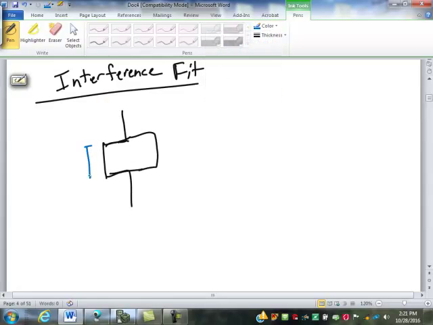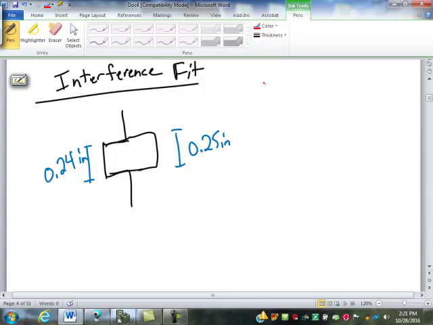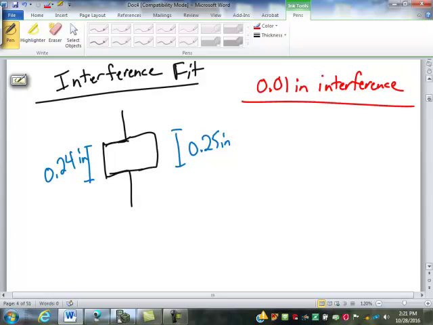So in this case, let's say the hole is 0.24 inches and the dowel is 0.25 inches. What that means is the difference between them is 1/100 of an inch of interference. The peg, the dowel, is bigger than the hole. That's holding it in place.